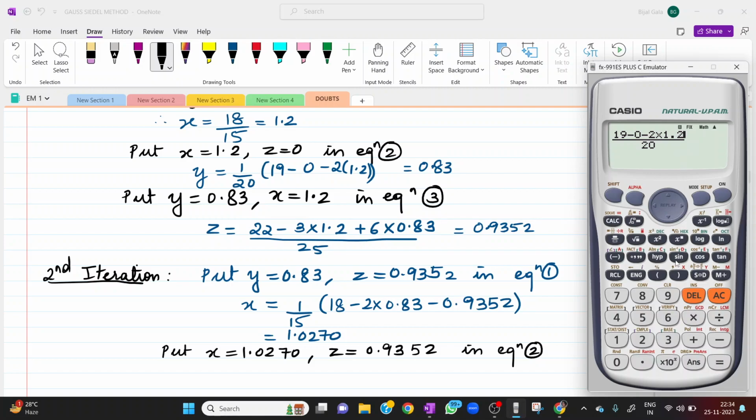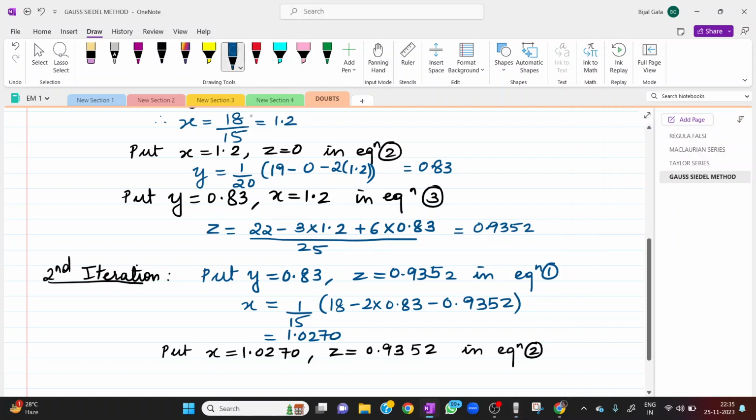ओके ये मेरी x की वैल्यू है यहाँ पे, 2 times x मतलब 1.0270 and z की जगह पे यहाँ पे 0.9352. ओके सो 0.8005. या यू शुड चेक आसपास ही आ रहा है ना आंसर तो कुछ गलती नहीं है. 0.8005.